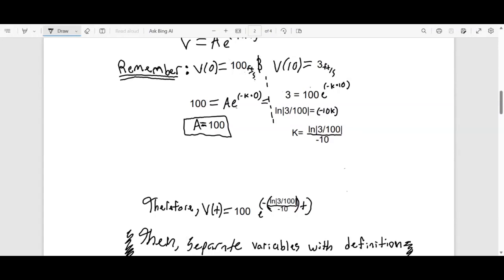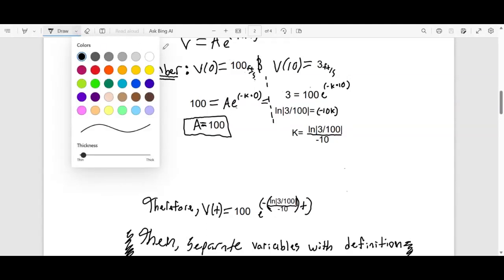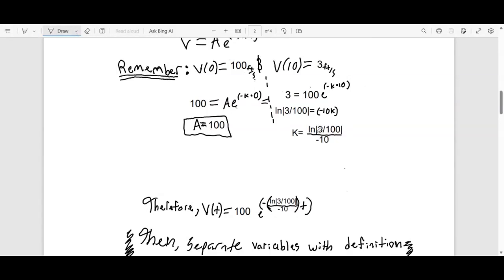So ln of 3 over 100 over negative 10, you can change it to ln of 100 over 3 divided by 10. That's how you get rid of this negative sign. Does that make sense? I'm writing in the chat. So ln of 3 over 100 equals negative ln of 100 over 3.